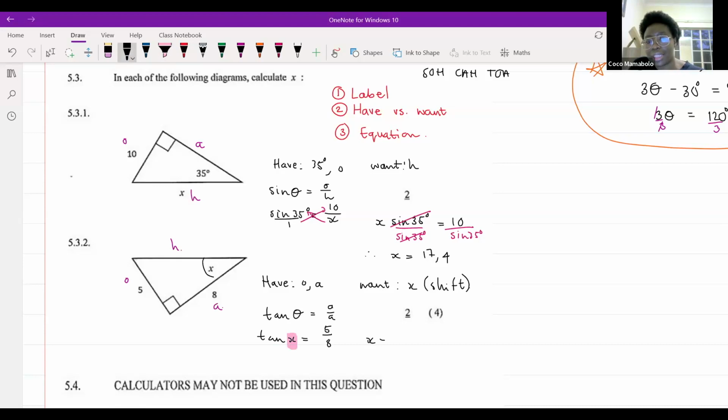Therefore, x is equal to shift tan or arctan of 5 over 8. Therefore, my angle x is equal to, close brackets, I should get 32 degrees. If you don't write the degrees, you lose a mark. There must be a degrees there.